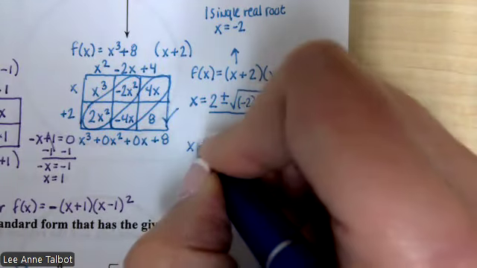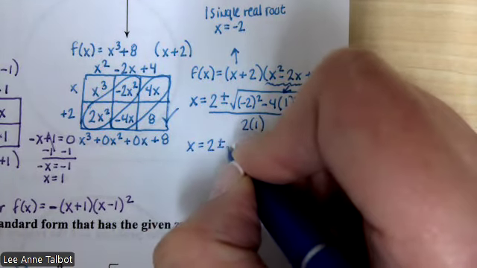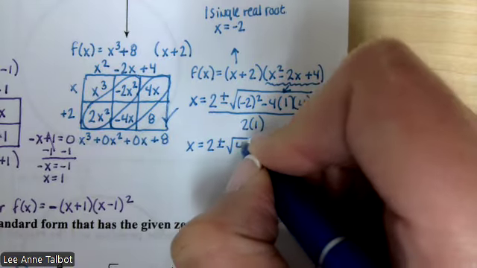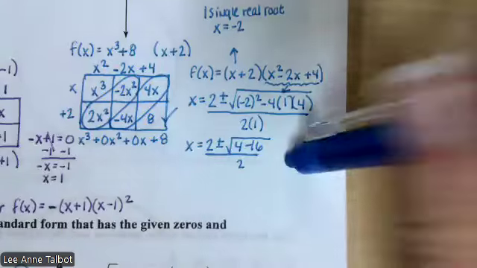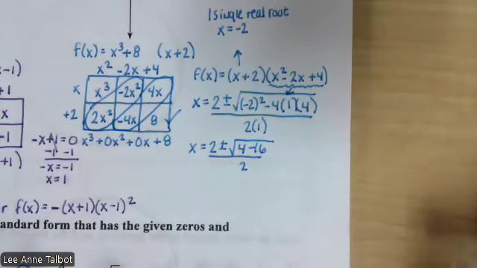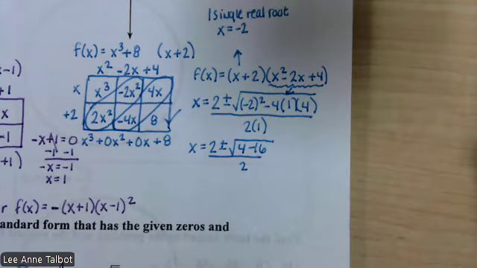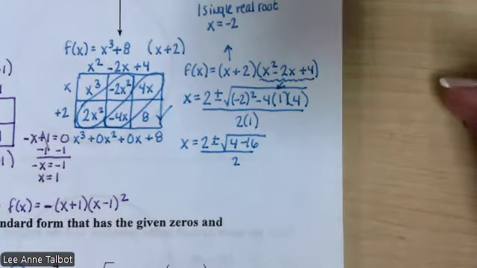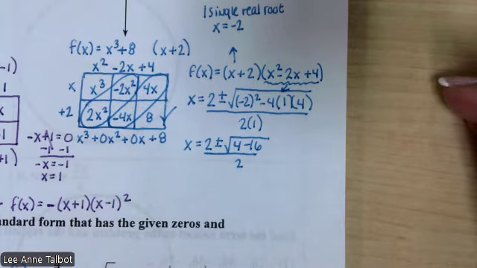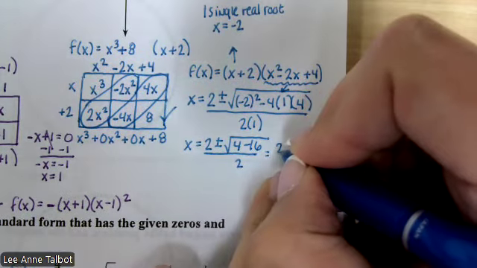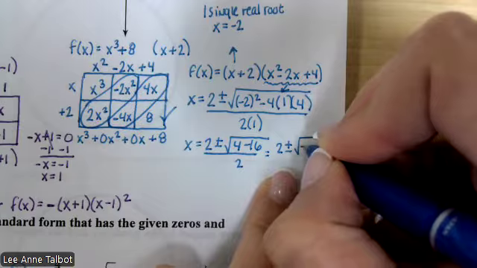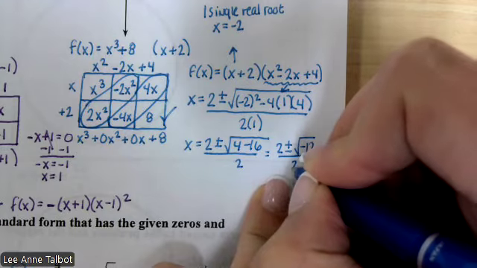Okay. 2 plus or minus square root 4 minus 16. Everybody good with the 4 minus 16? 2 plus or minus the square root of -12 over 2.